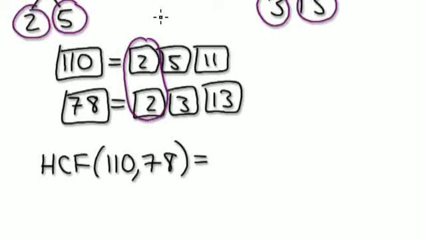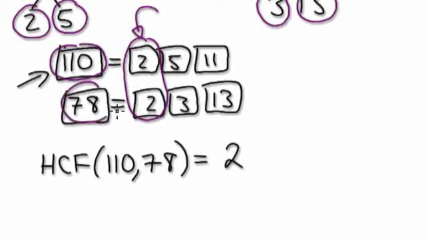The only thing that's in common is the 2. So the highest common factor here is actually 2, because you can't combine it with anything else. So if you get this and divide by 2, it will give you a whole number. If you get this divided by 2, it will also give you a whole number. There's no other number, so 2 would be your highest common factor.